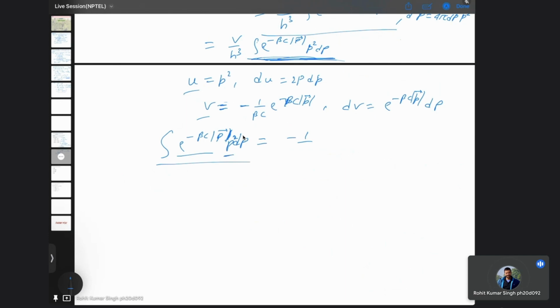So the normal integral by parts: you have p square as it is, e to the power minus beta c p, and then differentiating this, 2 factor will come outside, beta c will come from the integration, and you are left with p e to the power minus beta c p dp.